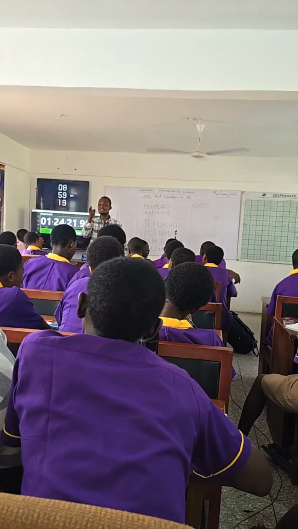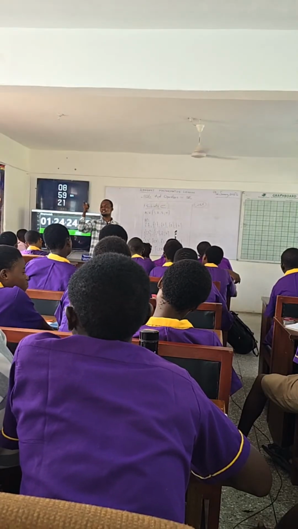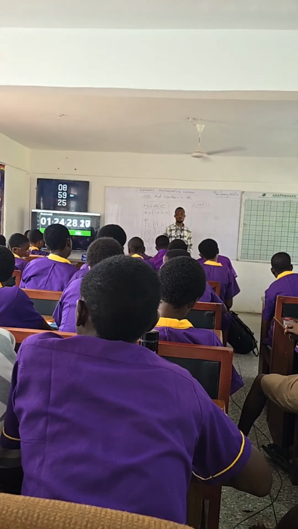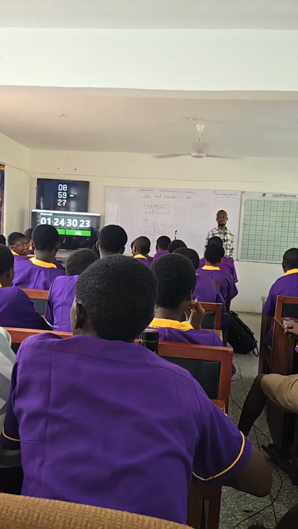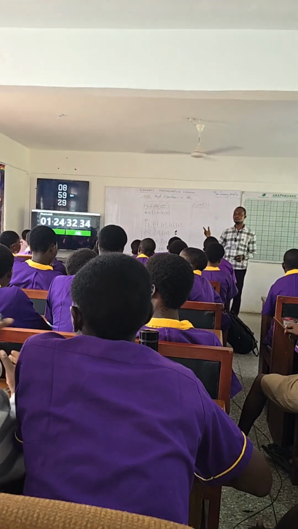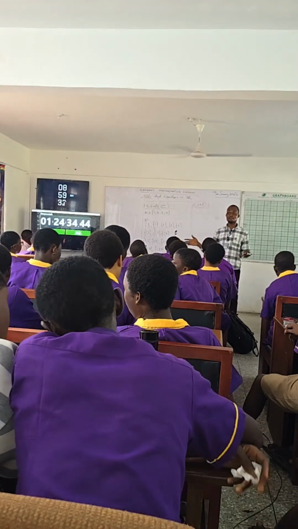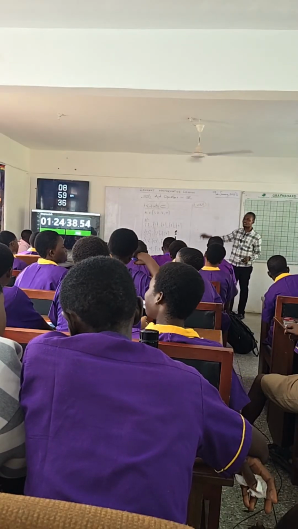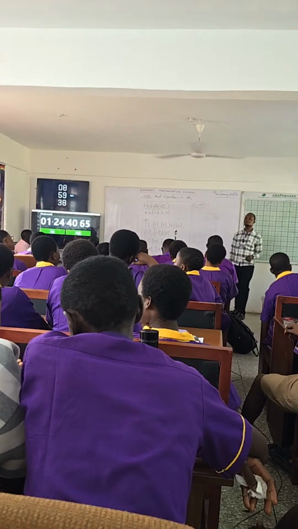So can you list? Yes, brother. You said 1024. That will be derived from a set which has 10 members. So if I ask you to list all the 1024 subsets for me, will you be able to?